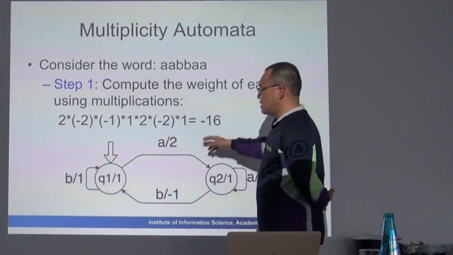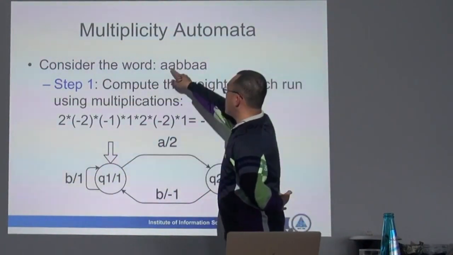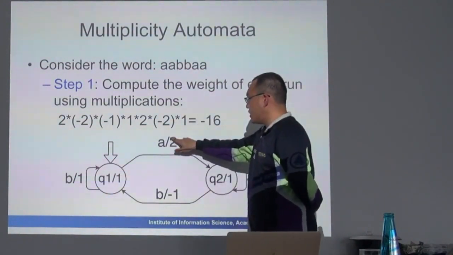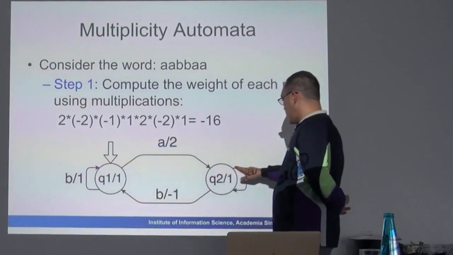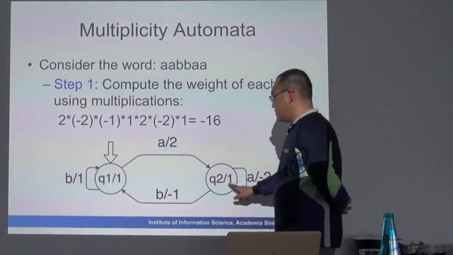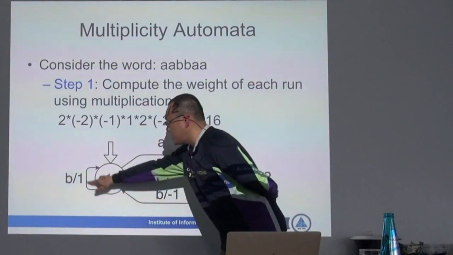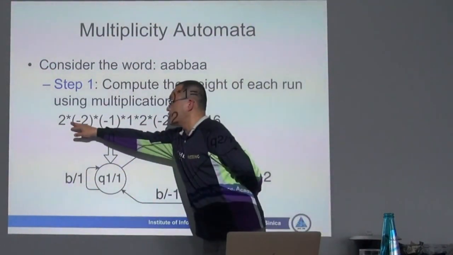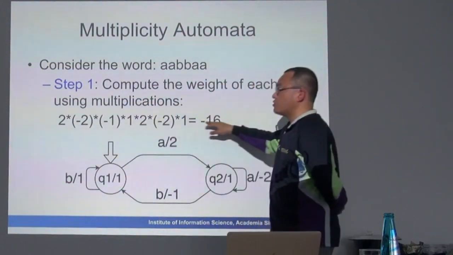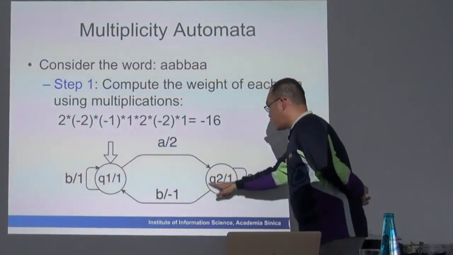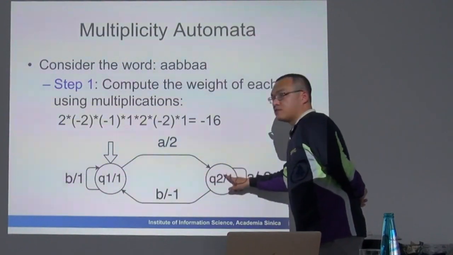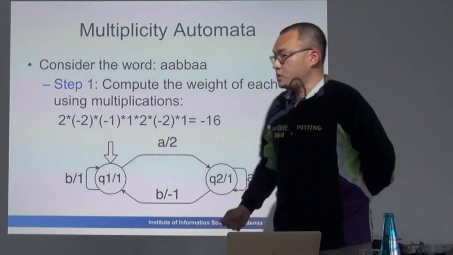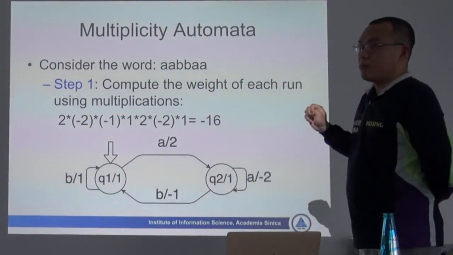From the initial state, if I take AABBA, the weight of A is 2, then A minus 2, B minus 1, B another 1, and A. So I will have the weight 2 times 2, basically all the way using multiplication. And at the end, I also multiply the weight of the final state. That is the weight corresponding to one run. So in this case, AABBA will be mapped to minus 16.